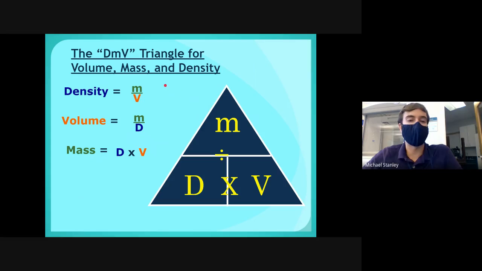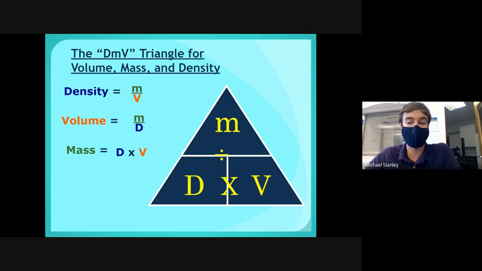Sometimes you'll also see it written as D equals M over V. Based on this equation, we can do a little basic algebra, move things around, and figure out the other variables as well. For example, if you knew the mass of your material and you knew the density, you could figure out the volume.